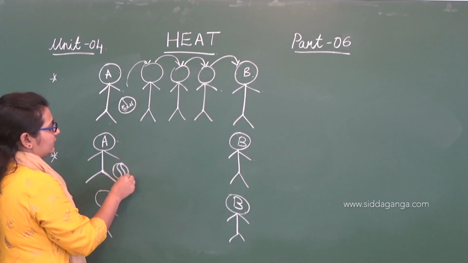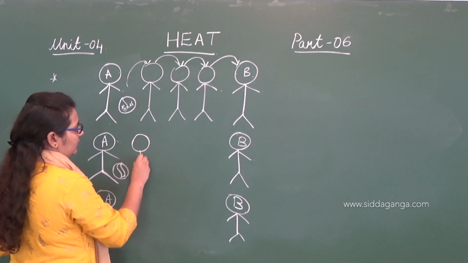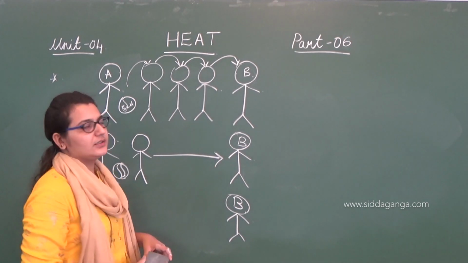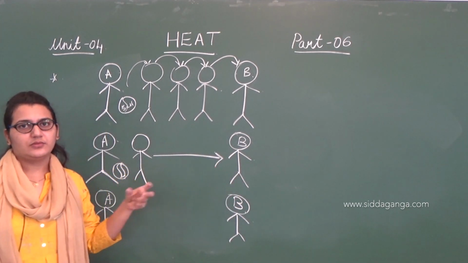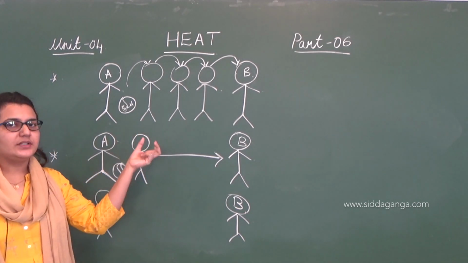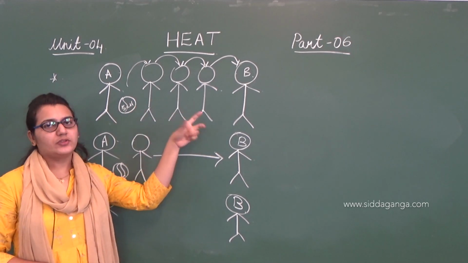The other instance is that this boy again has a ball. How will he give it? He can place one boy, who goes and gives him the ball. So this is the second instance. First, many of his friends stood and transferred the ball without moving.